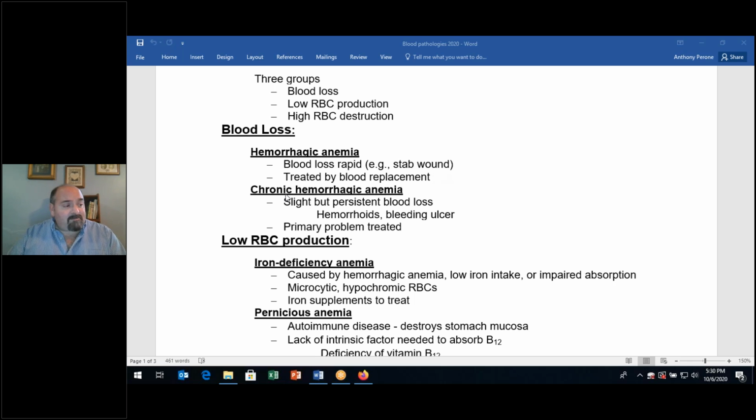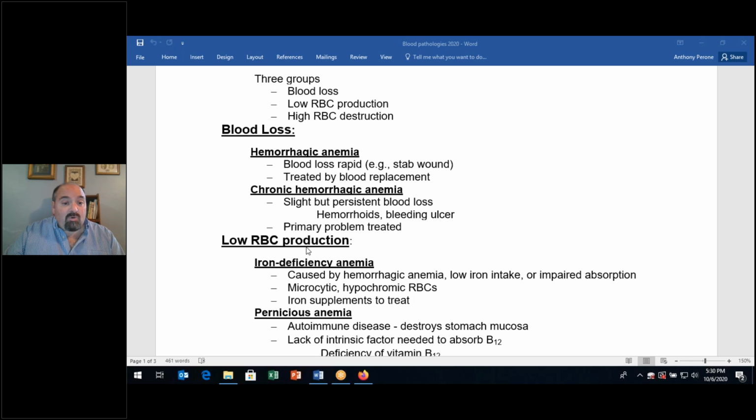Or chronic: a chronic condition is not just an acute short-term condition, but one that's over extended periods of time. How about a slight but persistent blood loss in the case of hemorrhoids or an ulcer within the digestive tract? The primary problem should be treated, so the hemorrhoids or the peptic ulcer present in the stomach or the duodenum is taken care of, and so we can correct that anemia.